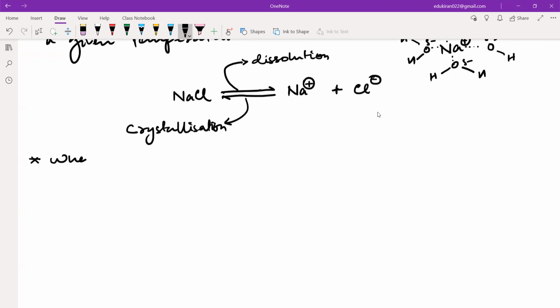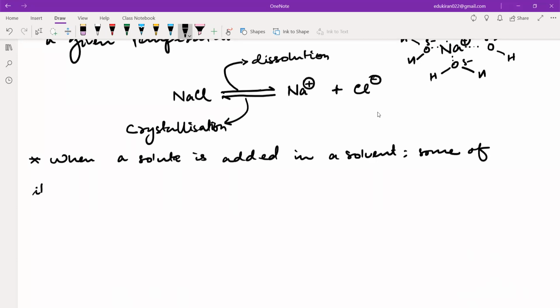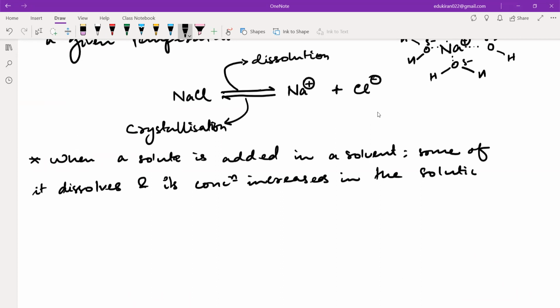When a solute is added in a solvent, some of it dissolves and its concentration increases in the solution. This is known as dissolution.